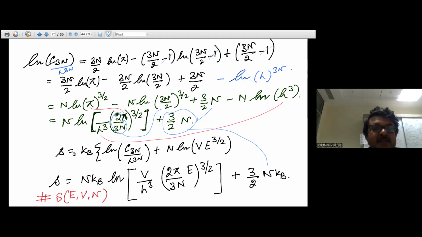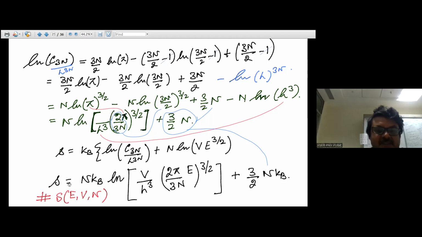the constant term. The entropy is kB ln this, the constant terms, plus n ln V e to the power 3 by 2, right? And now I have also written here, so that this was n here, and this was again in the constant term n.